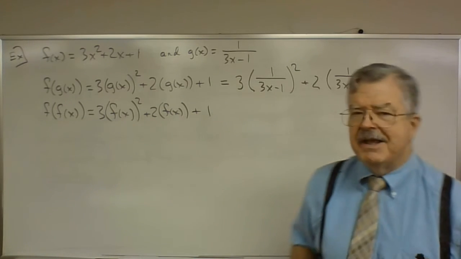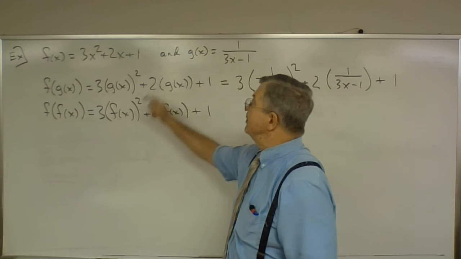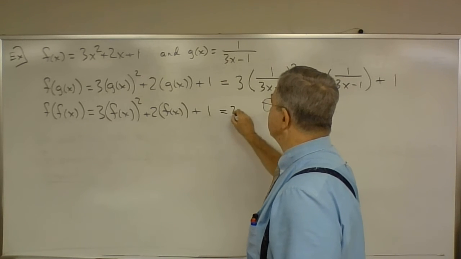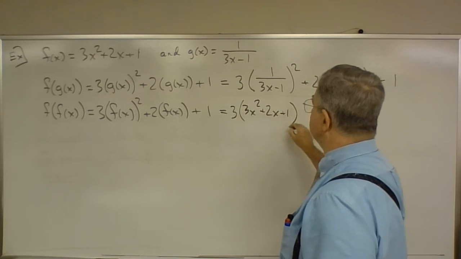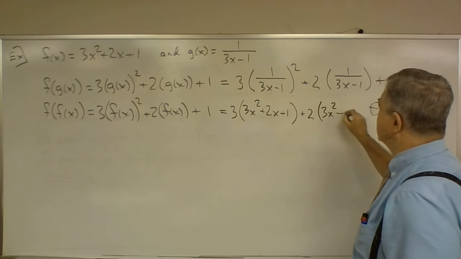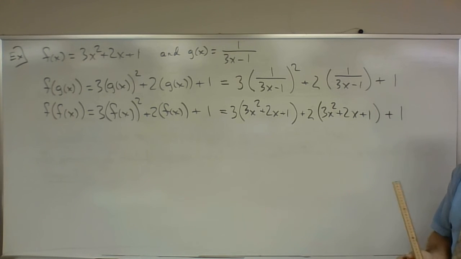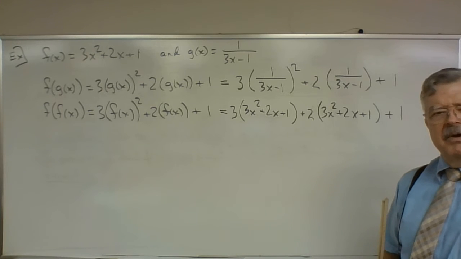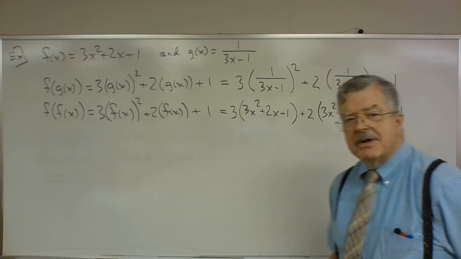And now that we've taken it that far, we can replace f of x with the definition of f of x. Not nearly as complicated as we might want to make it, right? Okay, let's do a couple more.